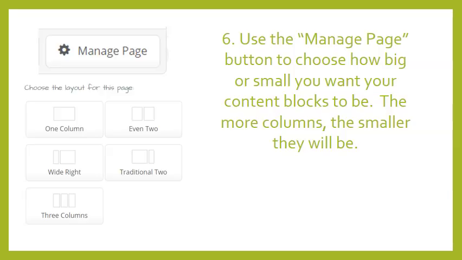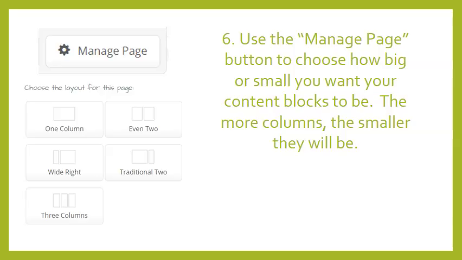And then if you have an even two, that's smaller, but you at least have two sides that you can drop content blocks onto. Maybe you have the wide right choice. You want to put smaller pieces of information in a small column, but yet maybe your embedded videos and other things would be on the right, larger column.